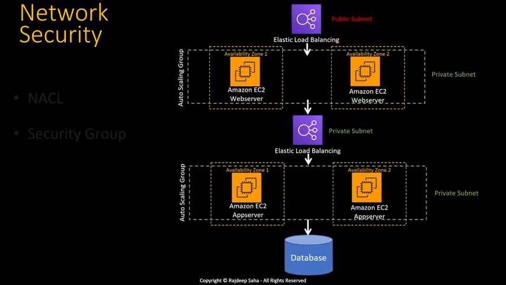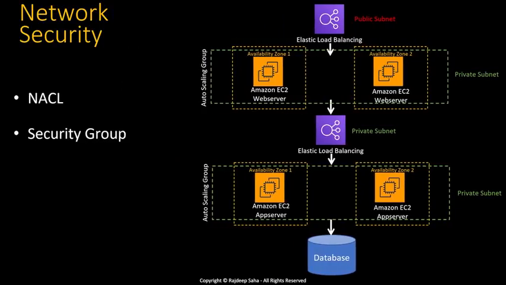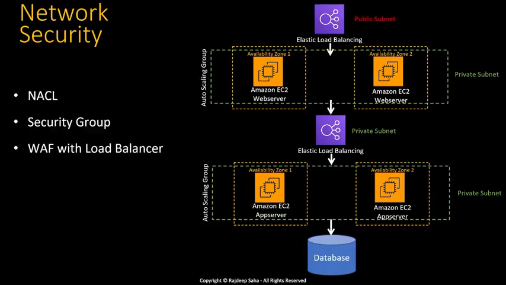You can also implement network security constructs for AWS, such as network access control list, security group on those EC2s to control traffic. You can also integrate AWS WAF or Web Application Firewall with Load Balancer that lets you monitor web requests and protect your web applications from malicious requests.